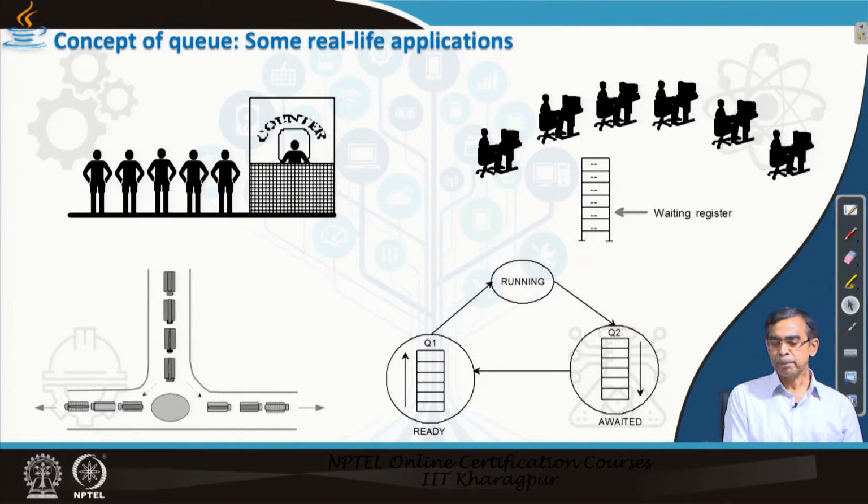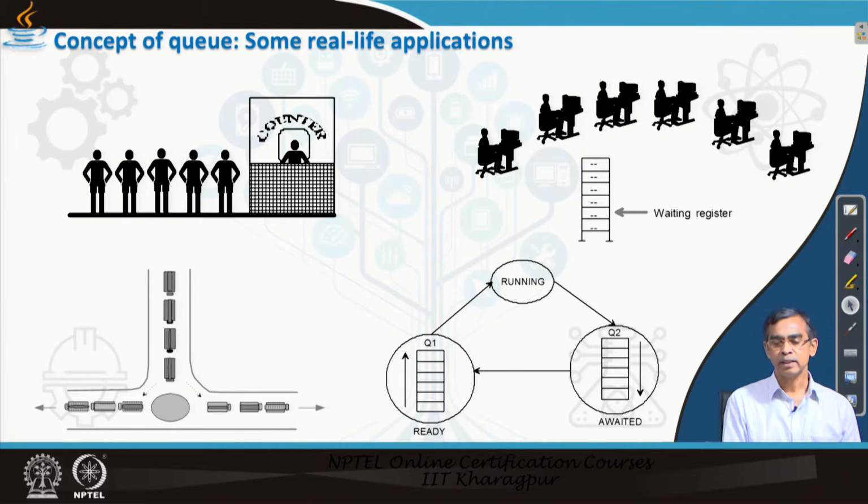There are also some applications available when you are writing a program, particularly in a distributed computing environment where many client programs are running and there is a server which has to serve different clients. In that client-server computing, we have to maintain which client the CPU should be given to.